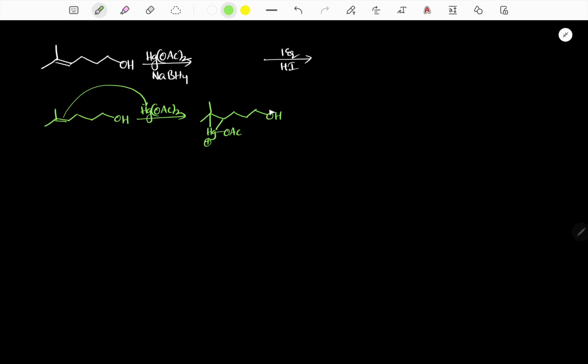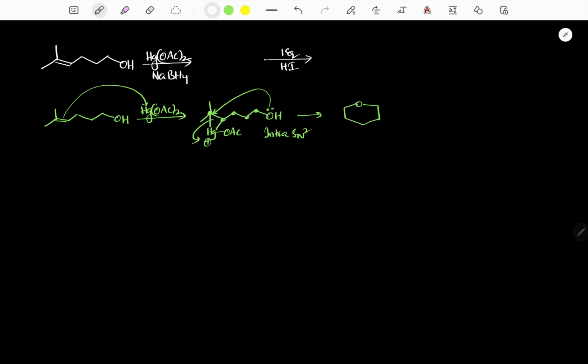Now here, within the molecule, a nucleophile is there. Therefore an intramolecular SN2 reaction takes place. The nucleophile attacks the more stable carbocation, ring opening takes place. Therefore 1, 2, 3, 4, 5, 6, 6-membered ring formation takes place.